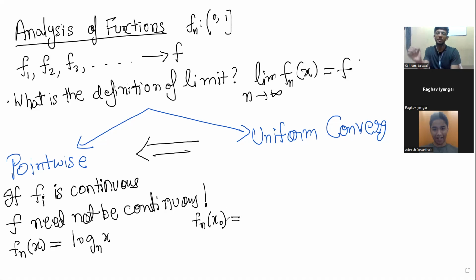If we fix an x naught, is the pointwise limit 0?